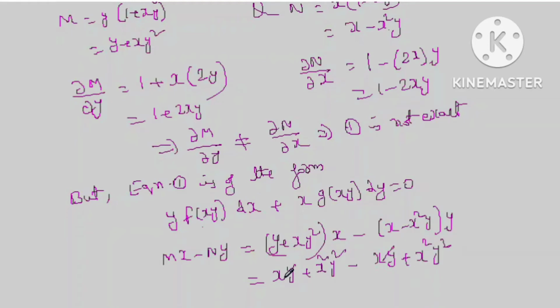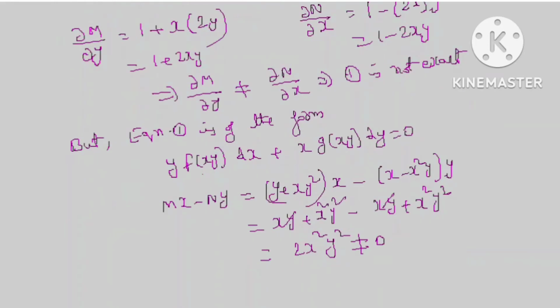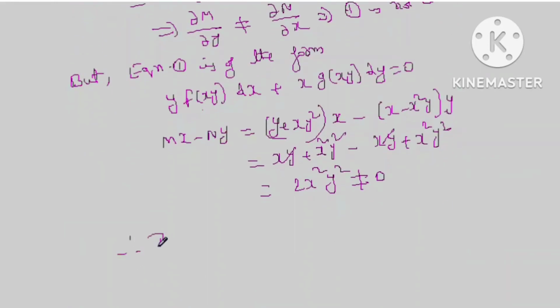So these two get cancelled out. So this is 2x square y square, which is not equal to 0, right? Therefore the integrating factor is nothing but 1 by Mx minus Ny, which is nothing but 1 by 2x square y square.